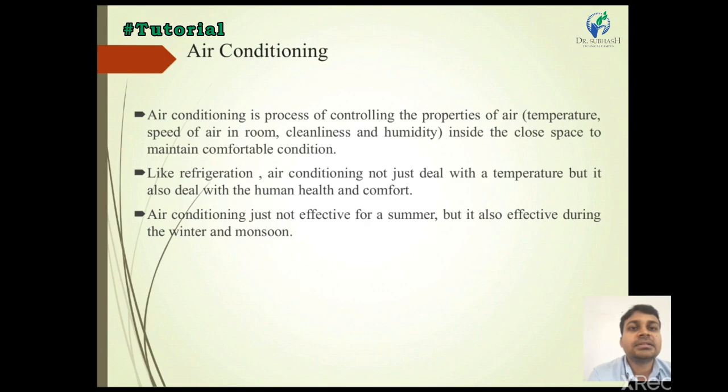An air conditioning system is not only effective in summer, but also during winter and monsoon conditions. Mostly we think air conditioning is used in summer, but we use air conditioning systems in winter and monsoon also.